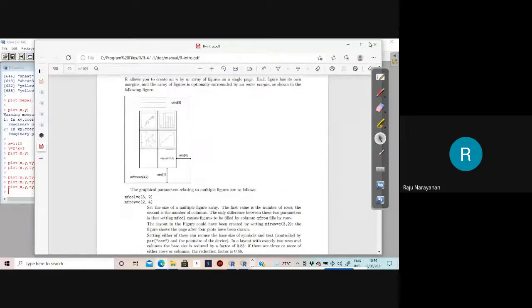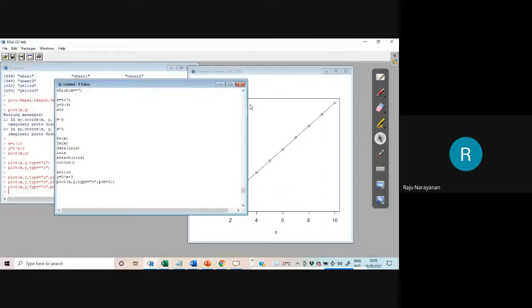We will discuss something, and I will give you the technique to refer to these things, that's all. If you want to change the thickness of the line, lty is equal to 2 means what? Line type. lty is line type.